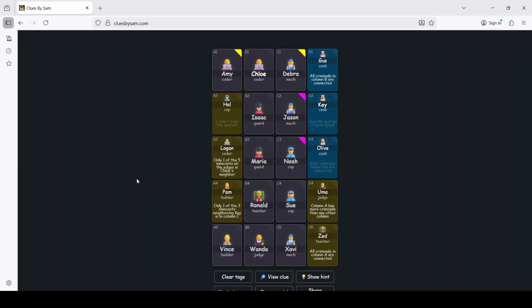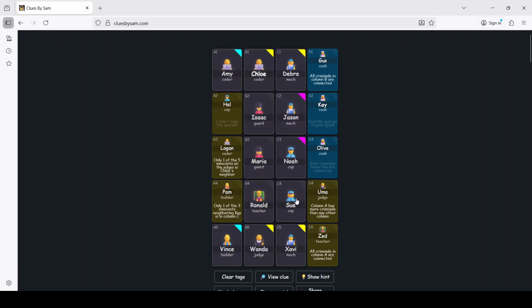Let's see. So let's consider whether we can have a maximum of 3 criminals. Okay, so I think we also know that we can't have a maximum of 3 criminals in column A, because if that were true, then all of these would have to be criminals on the edges, because that's 1, 2, 3, 4, 5.